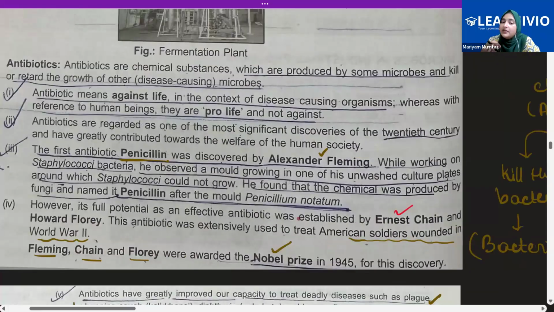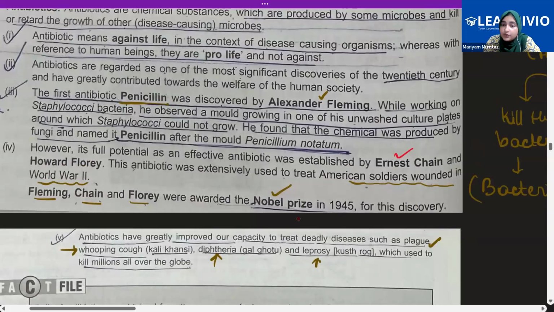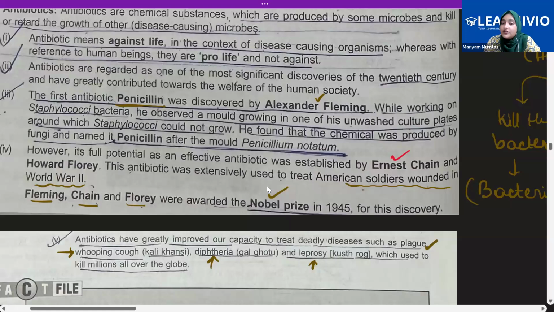These three people were awarded the Nobel Prize in the year 1945 for this very discovery. The discovery of antibiotics has helped to combat or treat so many deadly disorders or diseases. During World War II, it was used to treat the American soldiers that were wounded.